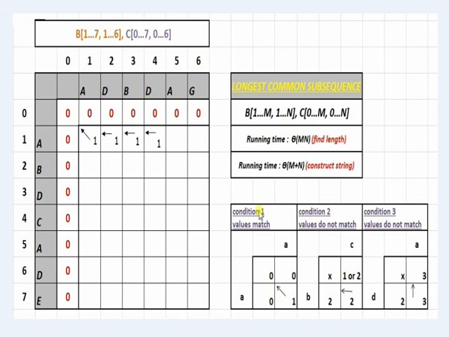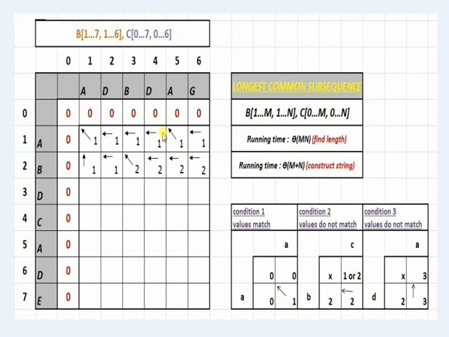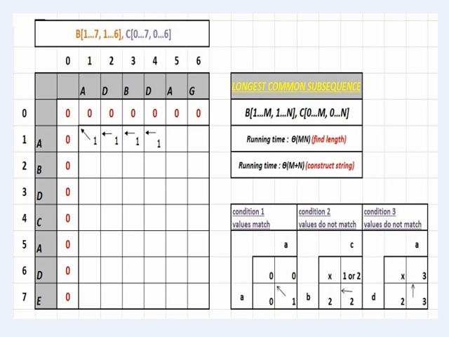Okay, we have again completed the 4 cells right now, and now we are going to fill the entire array similarly. So when we come at this position, we again see that character A and character A from the row and the column are matching.